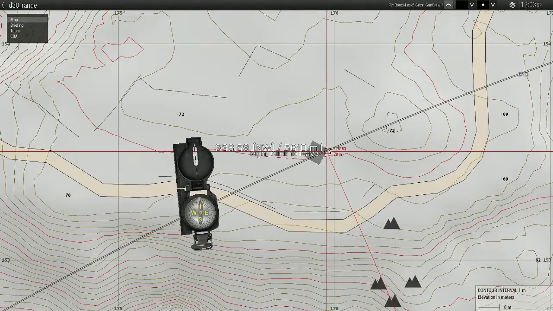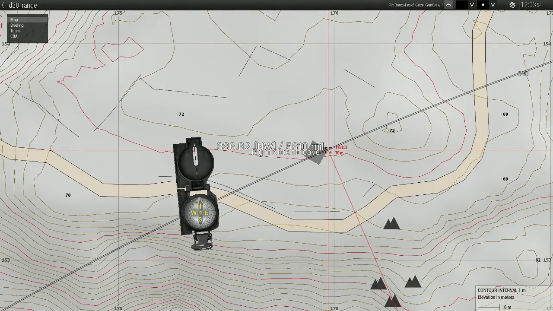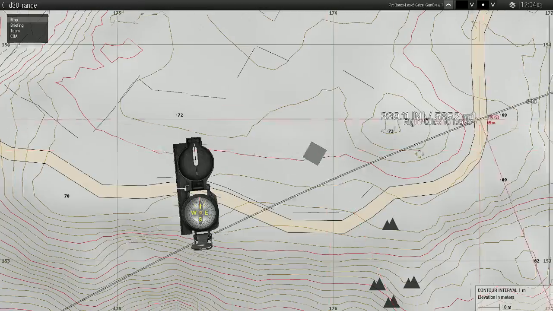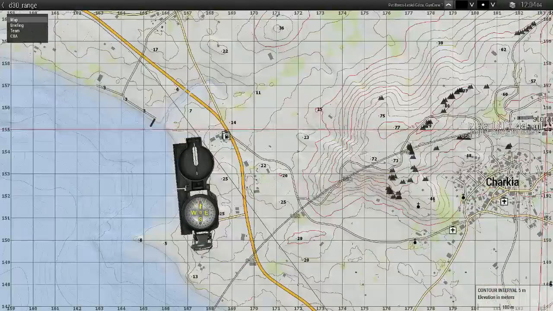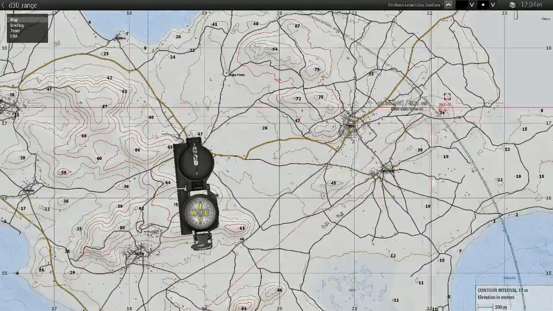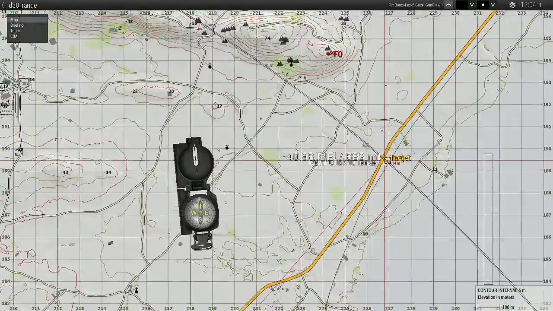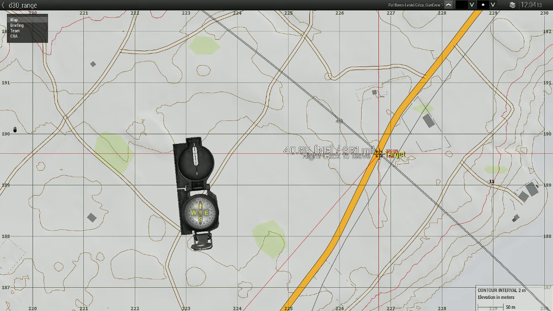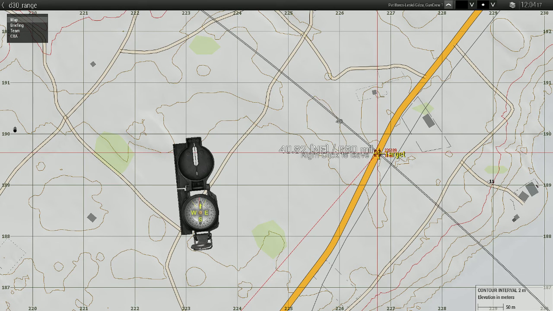Yeah, so our orientation azimuth would be 5,055.10. What is our target azimuth? Our target azimuth was that 680.